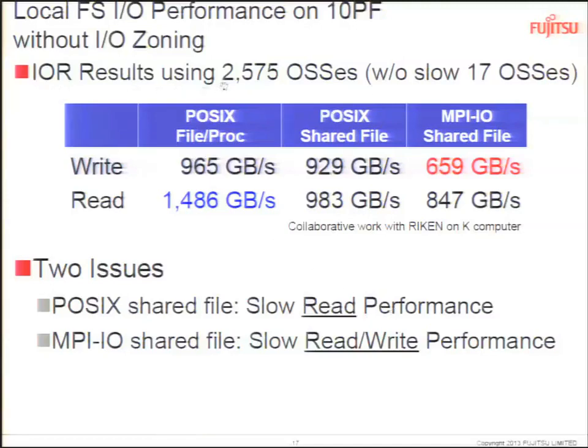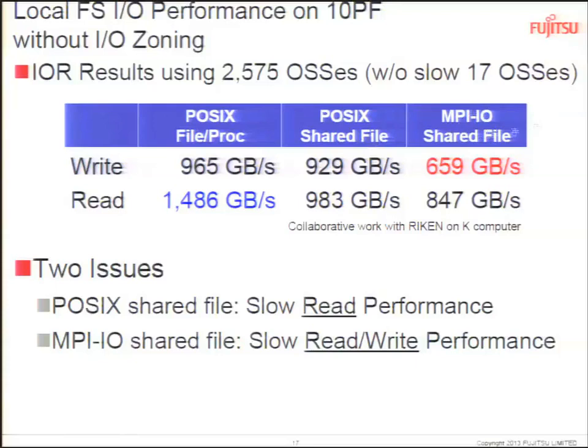For the IOR results, we removed very slow OSSs, 17 OSSs, and measured. So it used 2,575 OSSs.